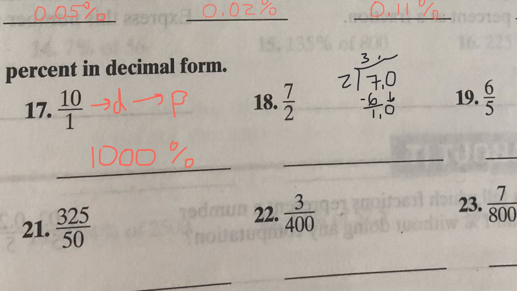So 2 times 5 gives us 10, and then we'd be done because it would be 10 minus 10, and that would be a remainder of 0. So we're actually done with this. That's going to be 3.5. Now we've satisfied turning it into a decimal, but we're not done yet. We have to now move the decimal place twice to the right, and then that would give us 350%.